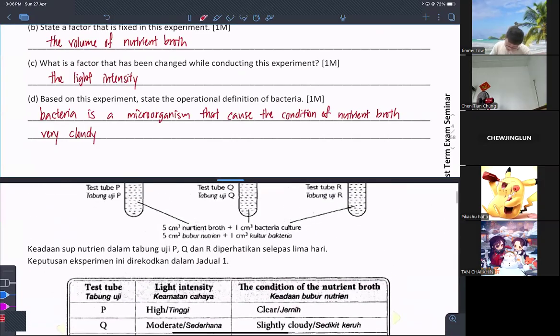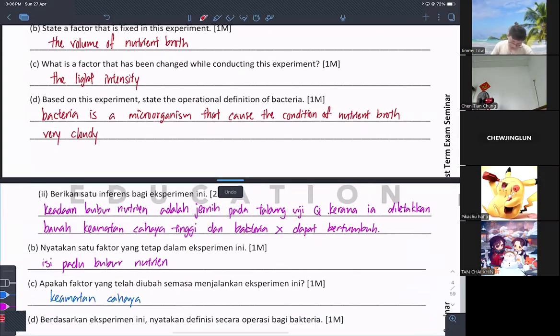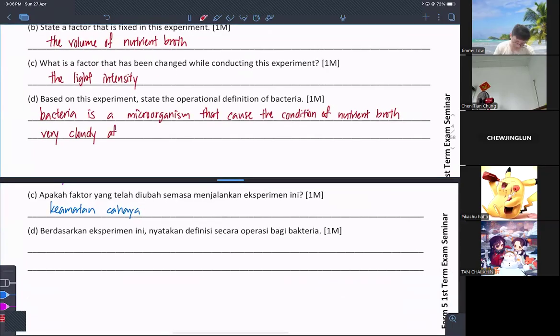After how many days is mentioned? Yeah, after 5 days. So you see, the format is applied here. Completely applied here. Just fill in the blanks only.